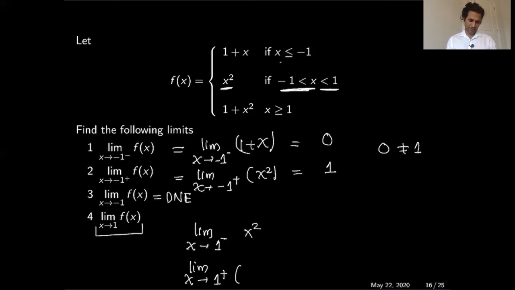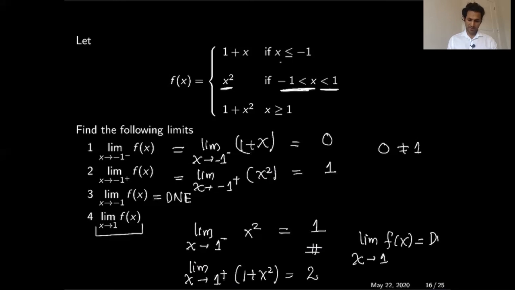On the right of 1, the function is 1 over x squared. So this limit is going to be 1 and this limit is going to be 2. They are not equal. Therefore the limit as x approaches 1 of f of x is DNE. It does not exist. The limit does not exist when the left limit is not equal to the right limit.